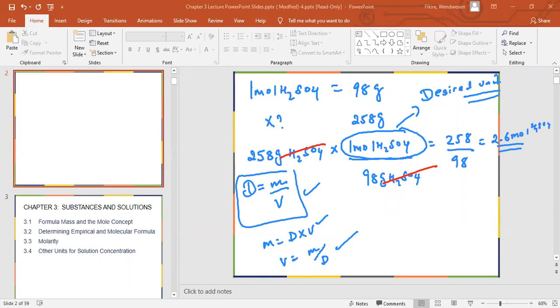On the right side, you have the wanted value. So you know what is given and what you're looking for. Based on that, you can calculate whether you're looking for density, mass, or volume. You can manipulate the formula based on what you're looking for.